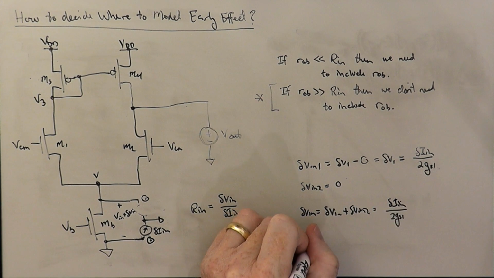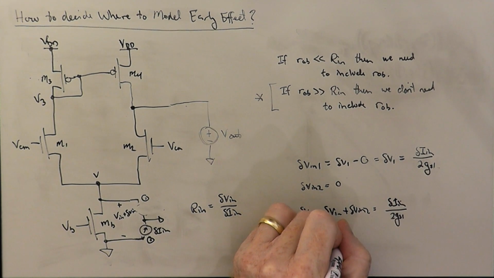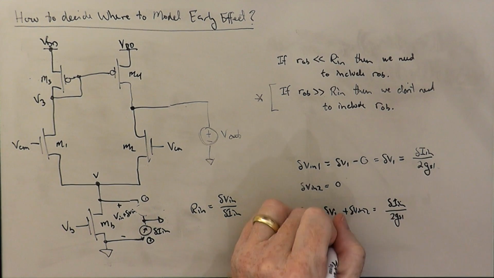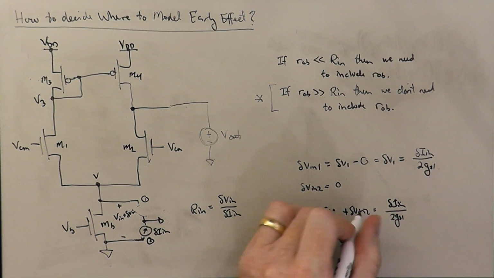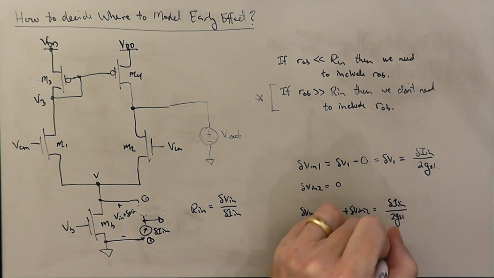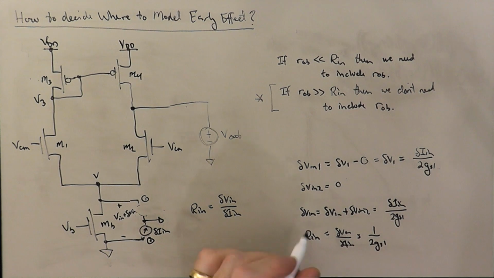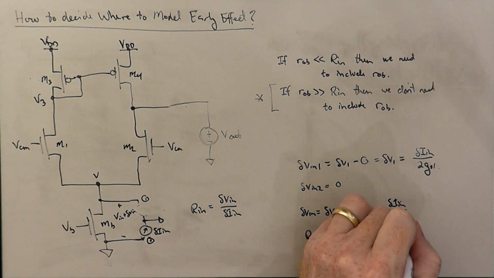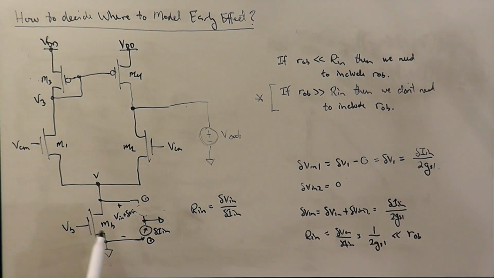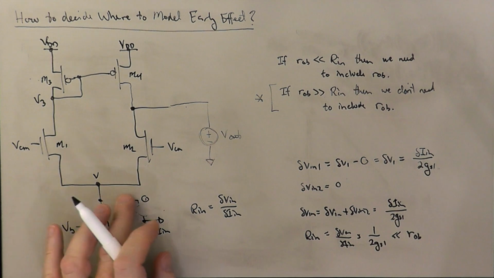And so Rin, which is delta Vin divided by delta Iin, is equal to 1 over 2 GS1. And that's going to be much less than ROB because GS times RON is much bigger than 1. And so if we move the GS1 up here, we get 1 over 2. And so if it's much bigger than 1, it's also much bigger than a half. And so we can move on to a different transistor.